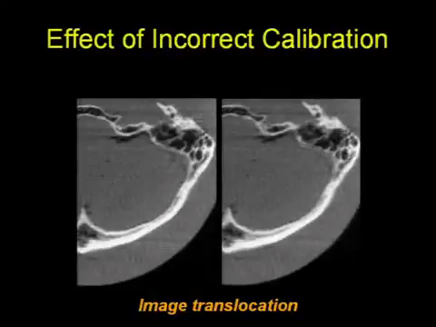And this is another example. This is much more subtle, where the Flexmap of one accelerator was copied and pasted onto another. And I would like to poll one of the audience to tell me which image, the image on the right or the image on the left, has been produced by a miscalibrated imaging system.